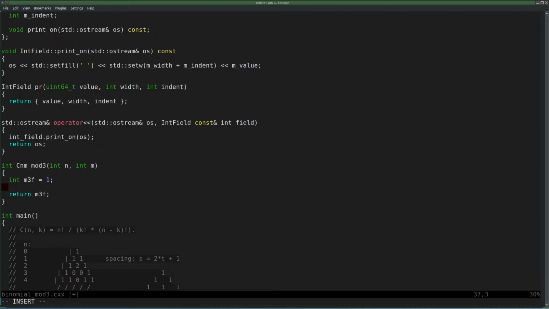And then we need to run over, I think, a power of 3. Okay, let's call that P3, it's power of 3, also starts at 1.